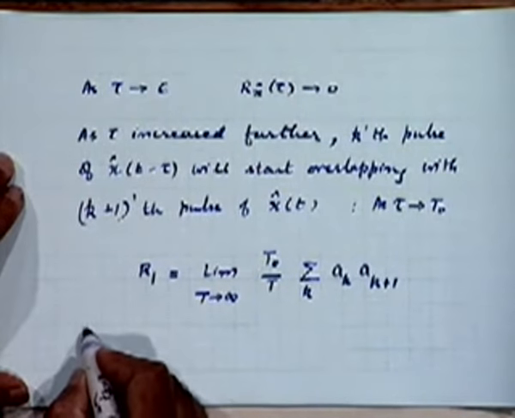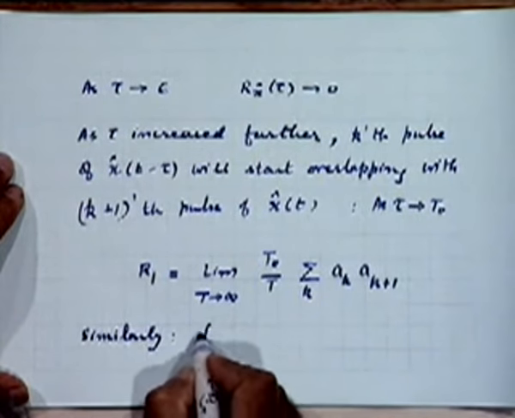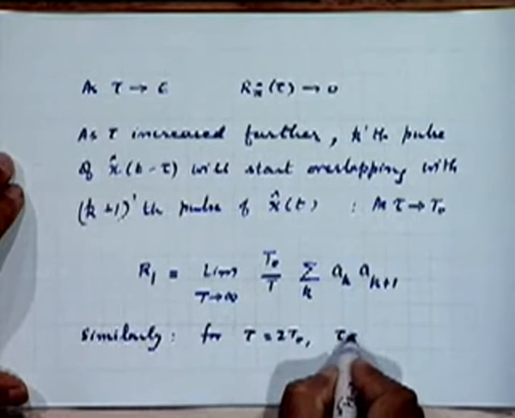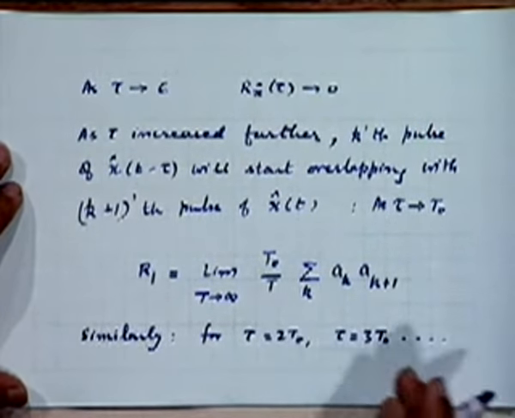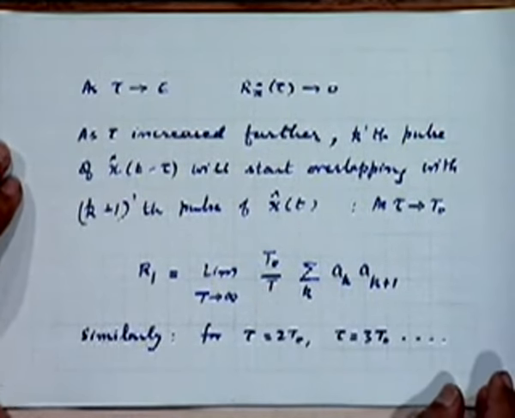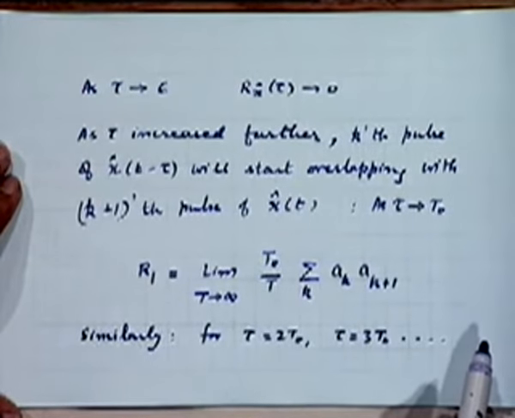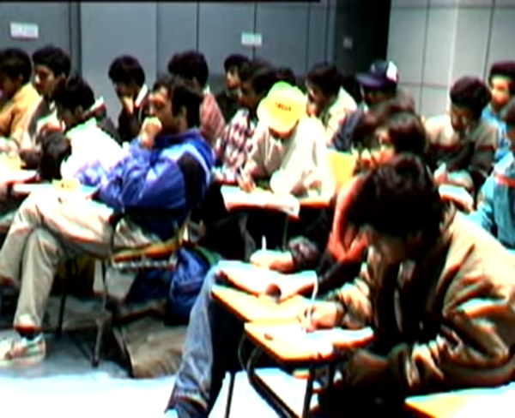Similar things will happen for tau equal to 2 t0, tau equal to 3 t0, and so on. The corresponding expressions R1, R2, etc. will also change. That will stay as such, because you'll get a triangular shape over a 2 epsilon period around each n t0.